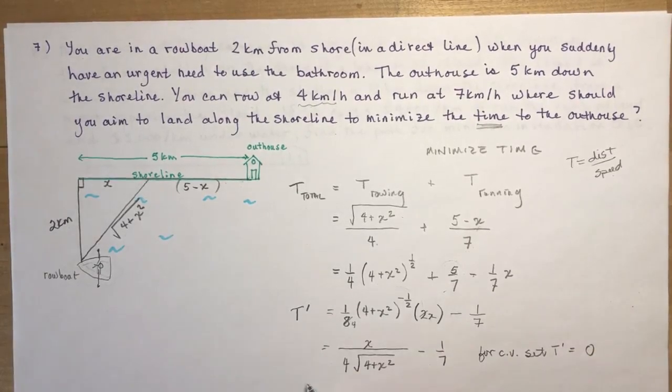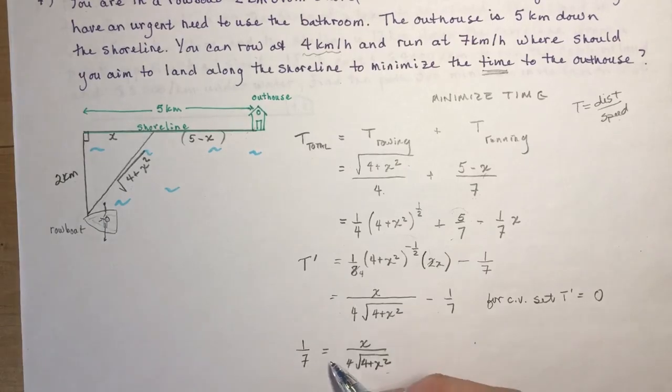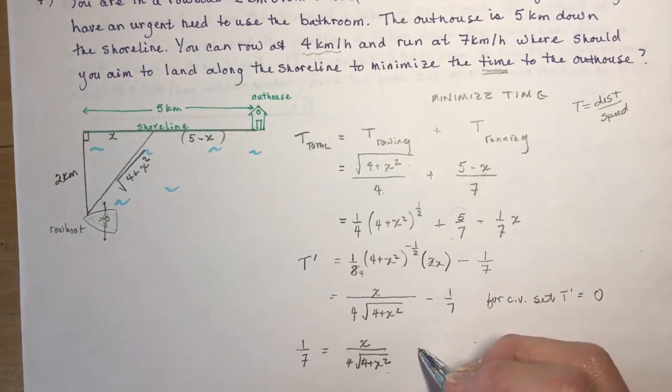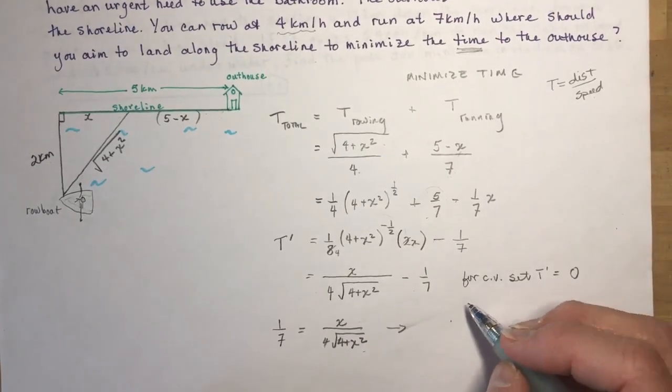So I bring the 1/7 over here. So 1/7 is equal to x over 4 square root 4 plus x squared. And then I'm going to cross multiply. I'm going to put it over here a bit, which is not very nice format, but I'm kind of running out of room.